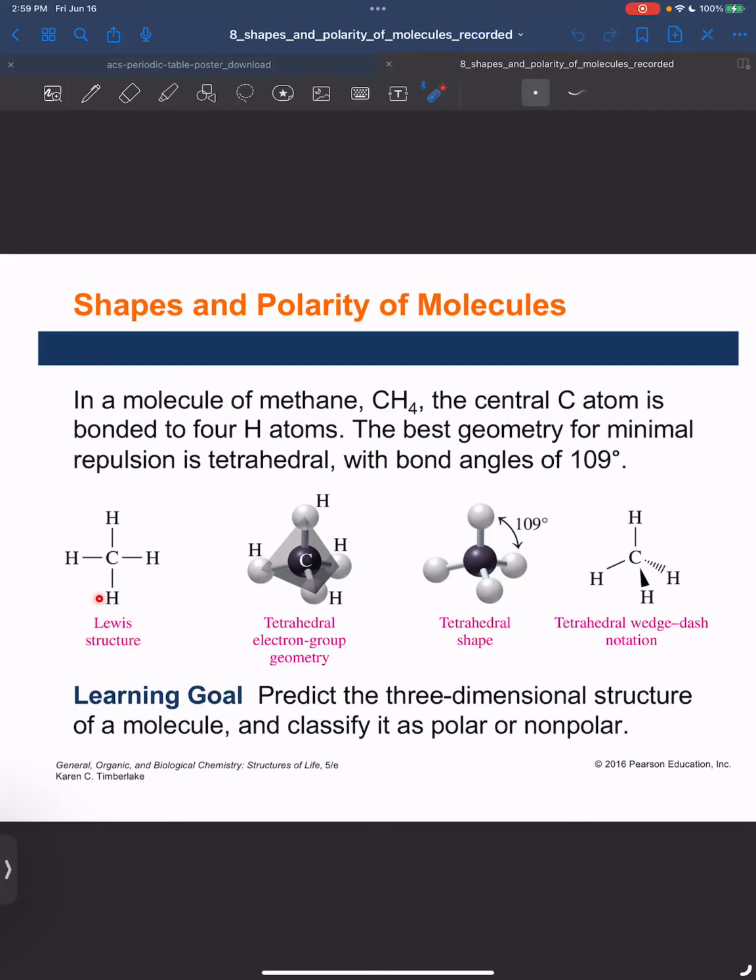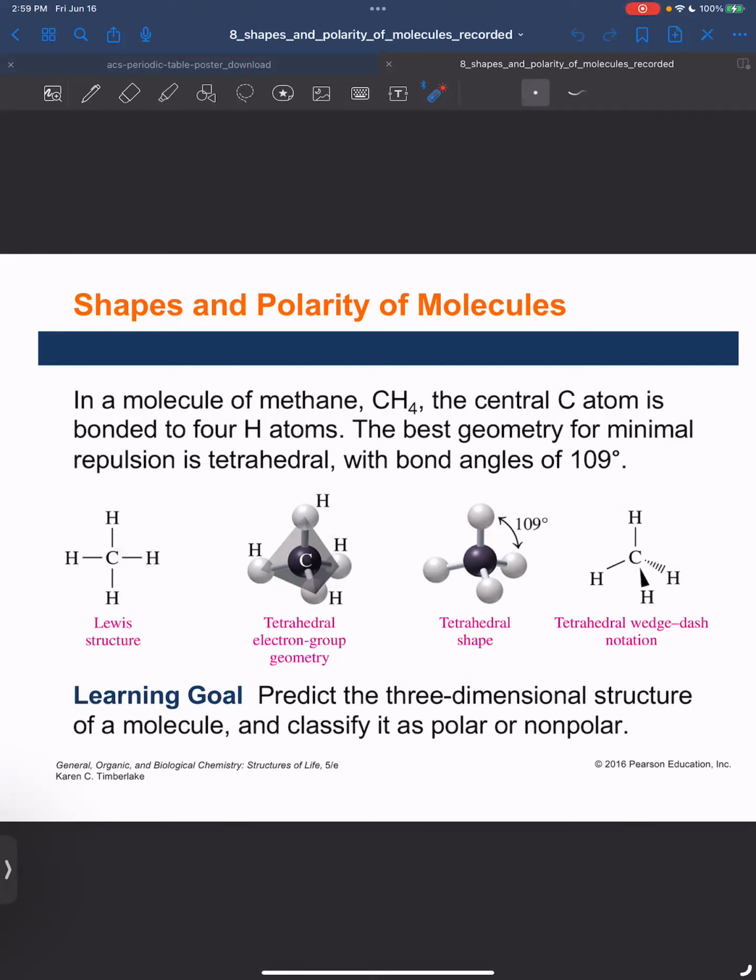This is two-dimensional. But molecules exist in three-dimensional shapes. And so this two-dimensional Lewis structure is a little misleading because it appears as though the bond angle between this hydrogen, carbon, hydrogen is 90 degrees.